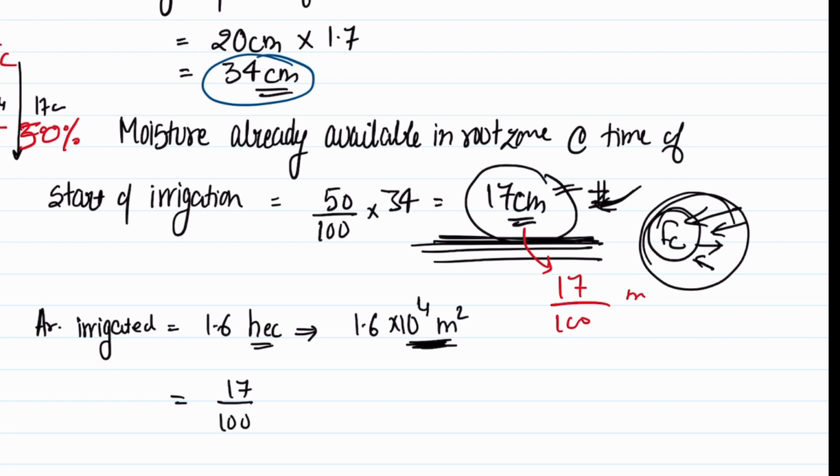So 17 by 100 into 1.6 into 10 to the power 4 meter square into meter, so this is your meter cube. This comes out to be 2720 meter cube.